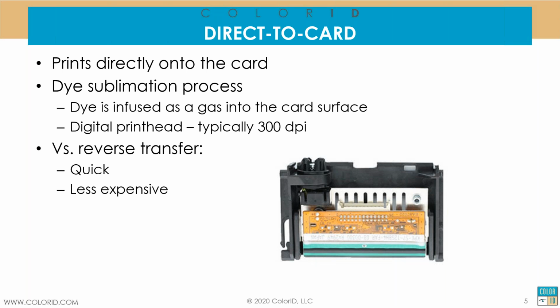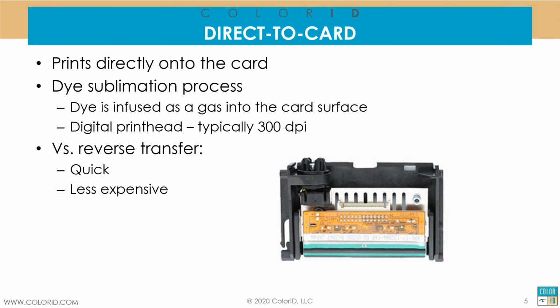Let's talk a little bit about printer basics. So there are essentially two kinds of ID card printers, and one is direct to card and the other is reverse transfer. So talking about direct to card printing first, this picture here is a printhead from a direct to card printer, and on the bottom of that assembly is a glass feature with tiny little pixels in it that are activated and heated by the board above it, about 300 DPI, dots per inch, or on some of these 600 DPI.